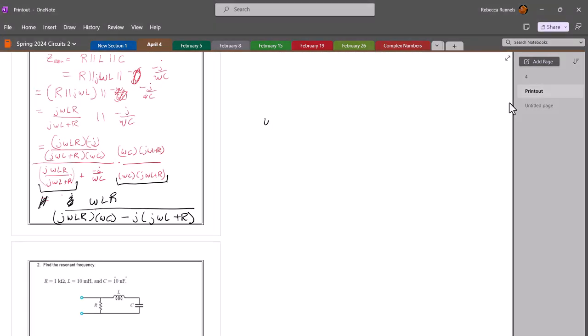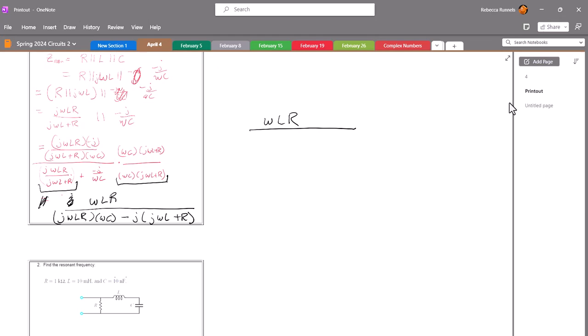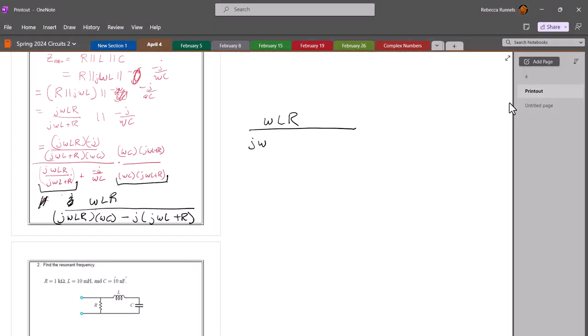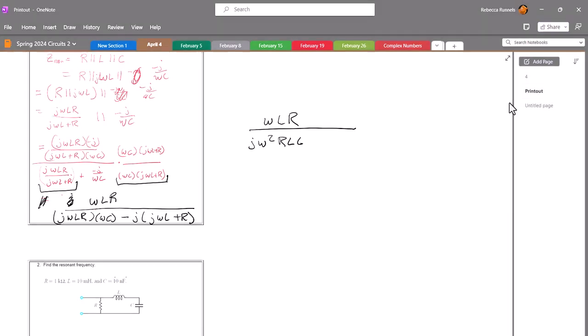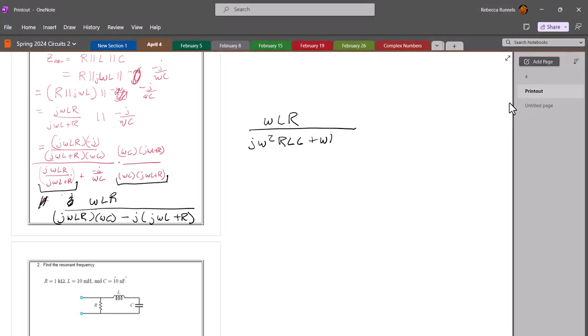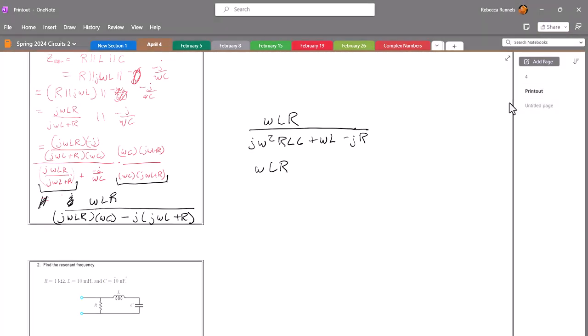So then in the numerator I have omega L R, and in the denominator I have j omega squared R L C, and then minus j times j is minus j squared, which is minus 1, which is plus 1, so plus omega L, and then minus j times R is minus j R. Now I need to rationalize this, so I need to get the real part and the imaginary part of the denominator separated.